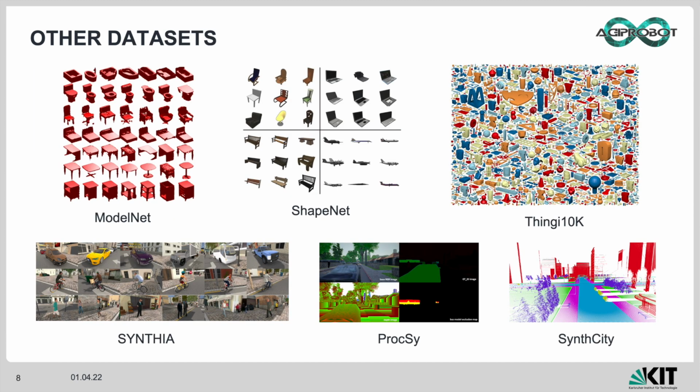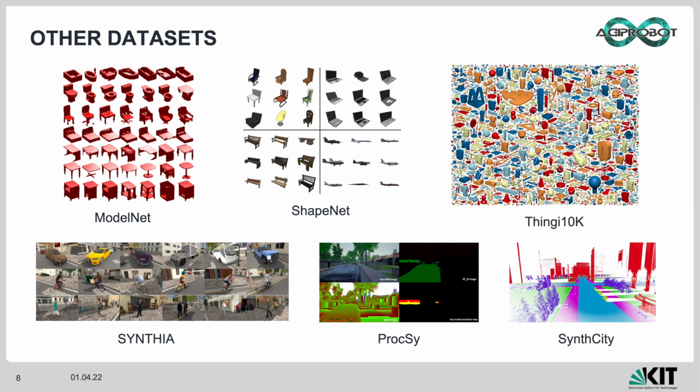Regarding synthetic datasets of 3D models, ModelNet provides a collection of around 100,000 models for 3D object classification and retrieval. More than 3 million annotated 3D models are collected in ShapeNet. Its subsequent work, PartNet, additionally offers fine-grained semantic segmentation information for a subset of the models.